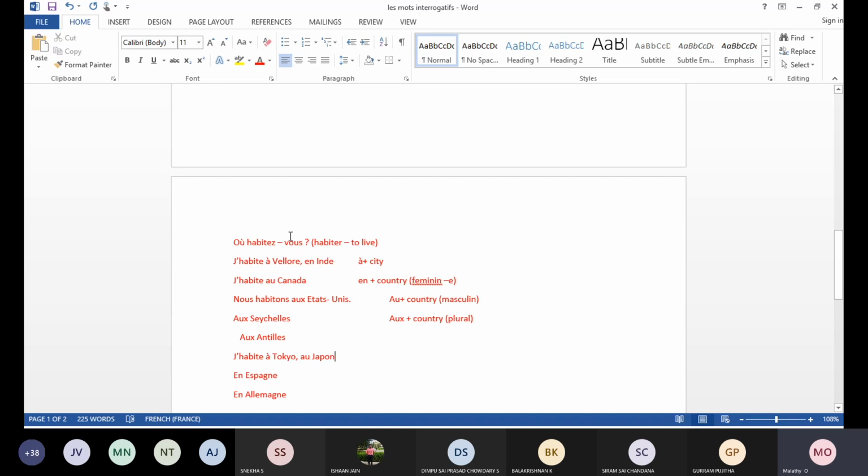And the second point to be noted is who the question is asked to. That can be either singular or plural. So if it's singular, if you're just addressing one elderly person, then the answer can be je. If it's addressed to a group of people, then you have to answer with nous.